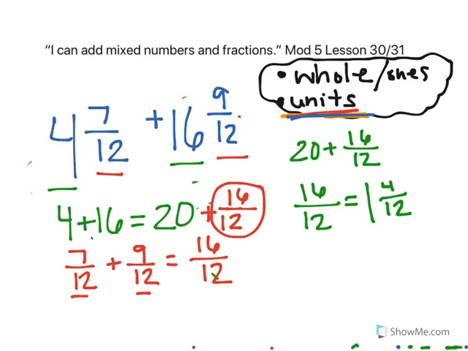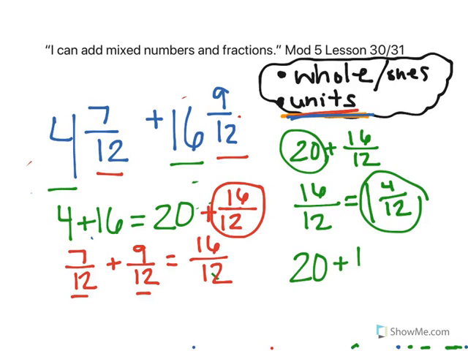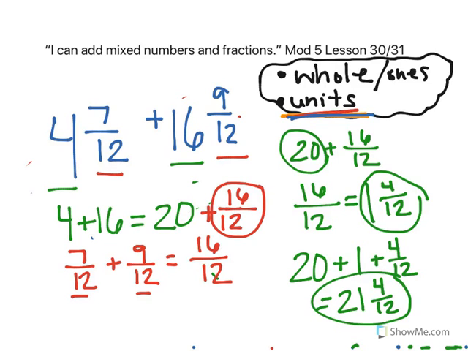Okay, so now I can add 20 plus 1 and 4/12. So 20 plus 1 plus 4/12. So what does that equal? 21 and 4/12. Here we go, because remember, we're always combining the like units, combining my wholes together, leaving the fractions separate.